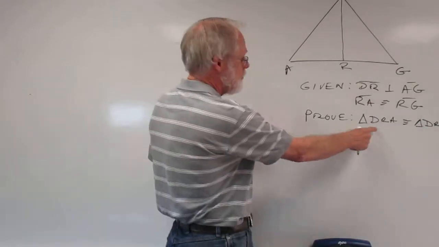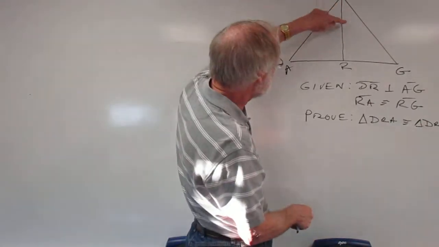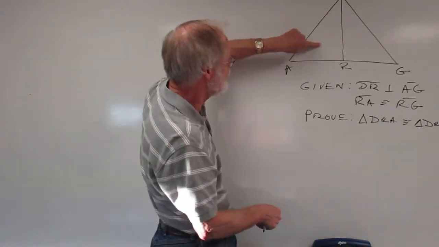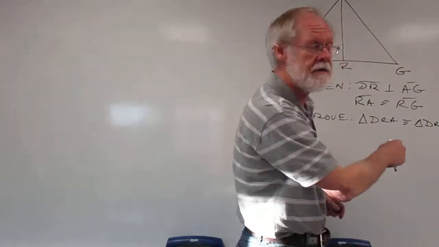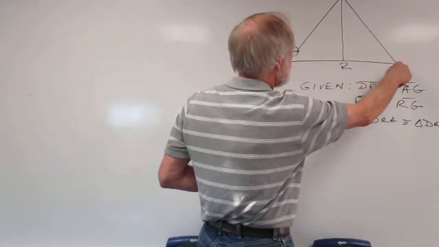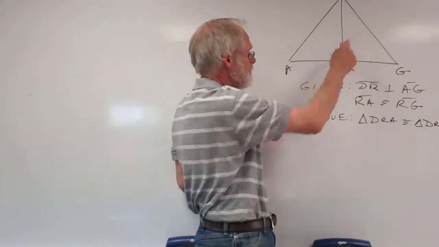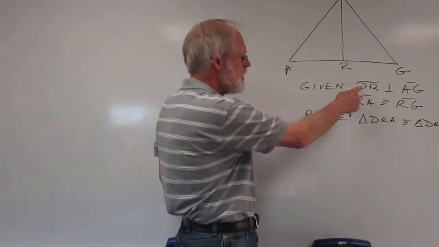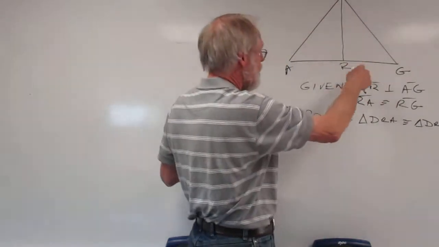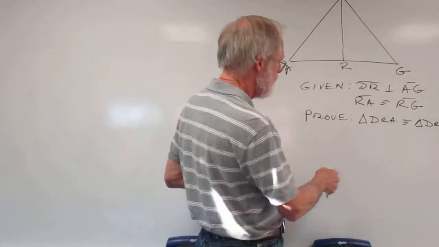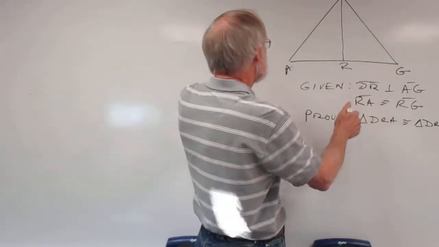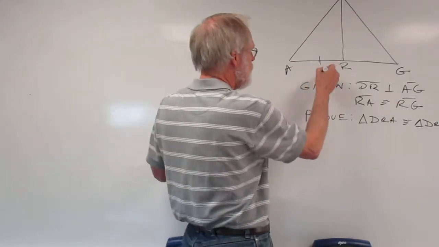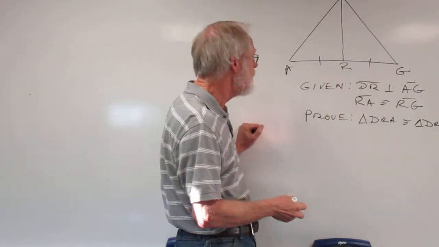Our goal is to prove triangle DRA, the small one over here, is congruent to triangle DRG, the smaller one over here. We are given 2 pieces of information. DR is perpendicular to AG, and RA is congruent to RG. So I will mark RA congruent to RG.